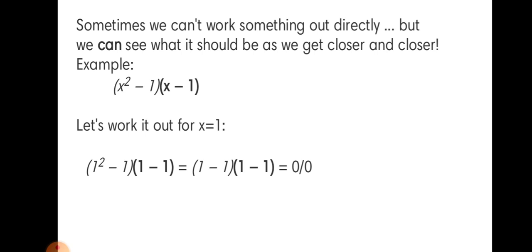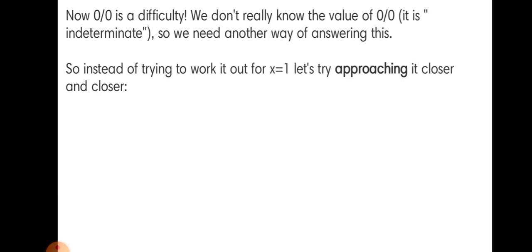It is difficult for us to say what 0 over 0 is, or how we can illustrate that result. It is indeterminate.